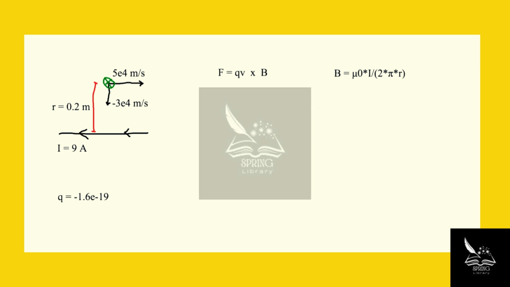We need to calculate the component of the force from each of these velocity components separately. Let's start with the component from the 5 times 10 to the 4th in the plus x direction.